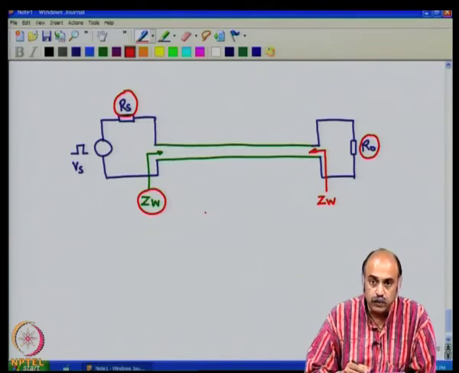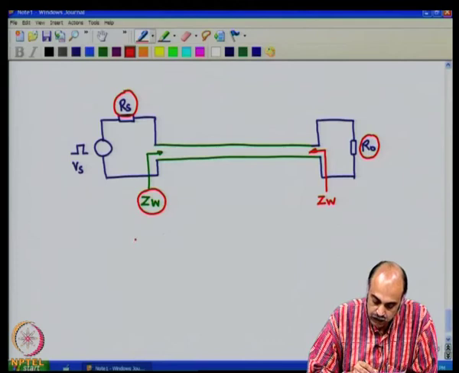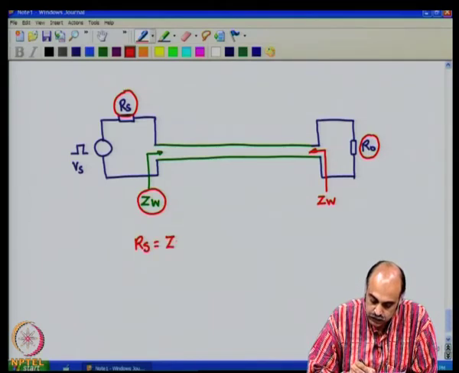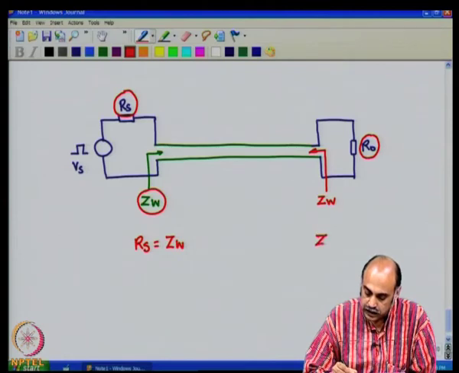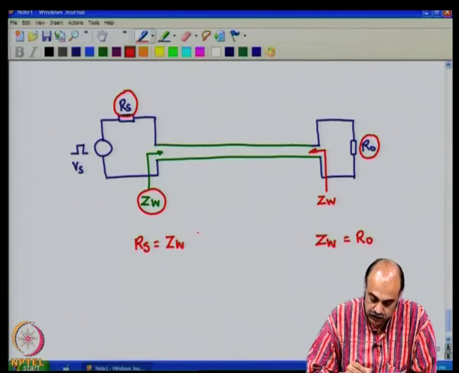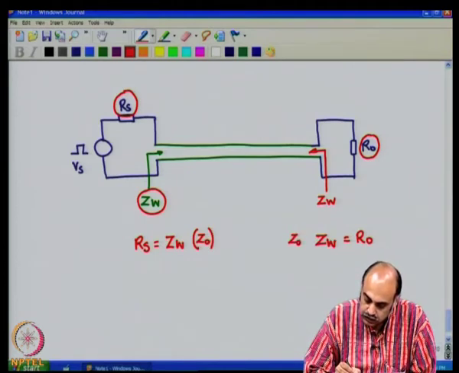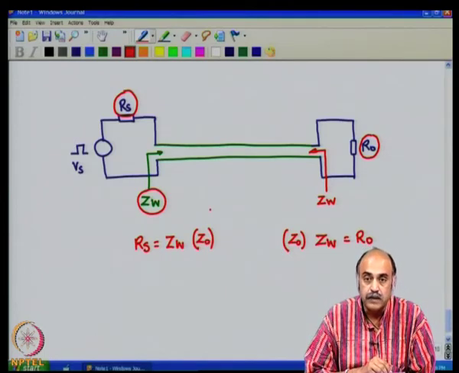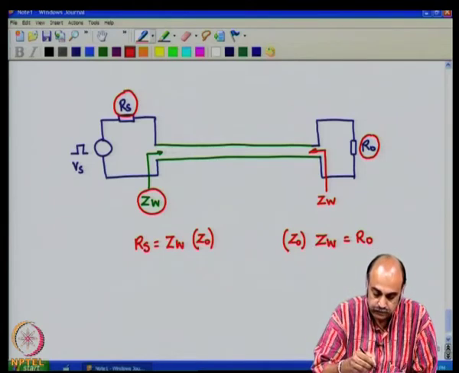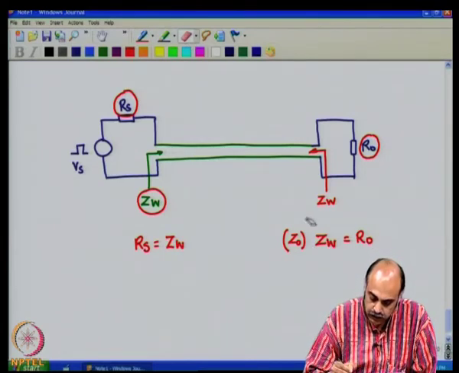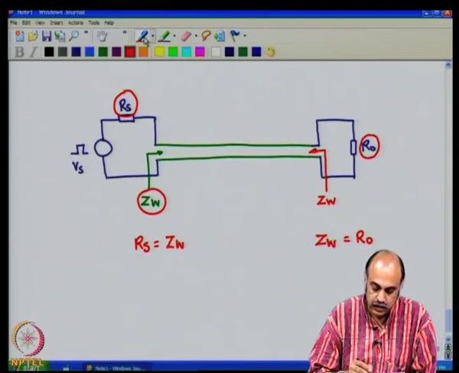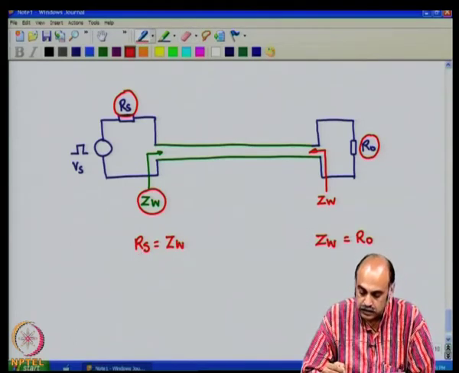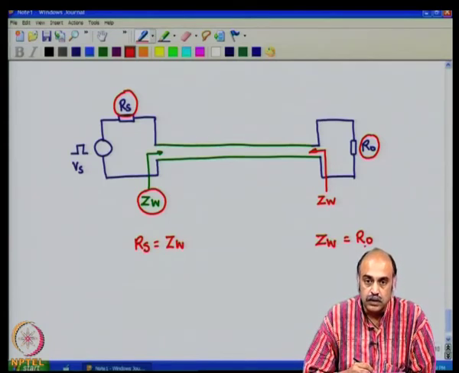The solution to this, of course, is to have R s equal to Z w, or Z w equal to R naught on this side. In the last class, instead of Z w we used Z naught. It is common to use Z naught too to denote the characteristic impedance of the transmission line. Anyway, the wave impedance Z w should be made equal to R s on this side, and Z w made equal to R naught on this side.